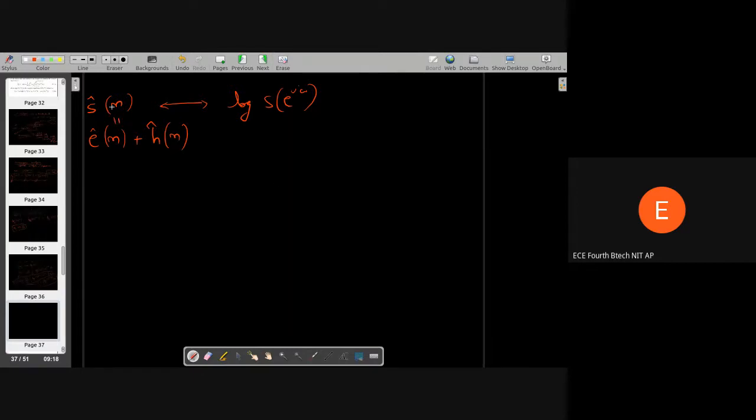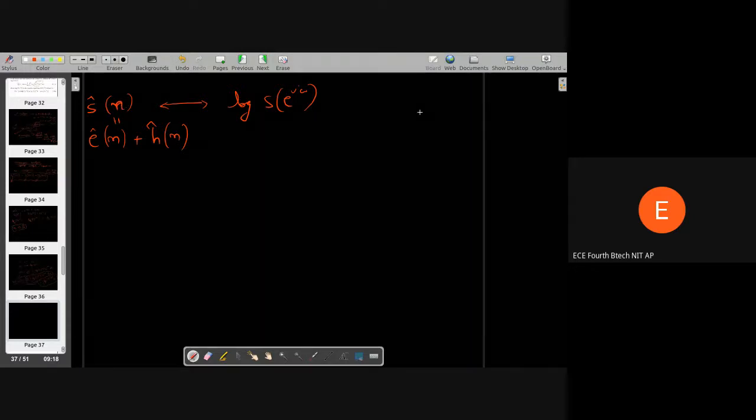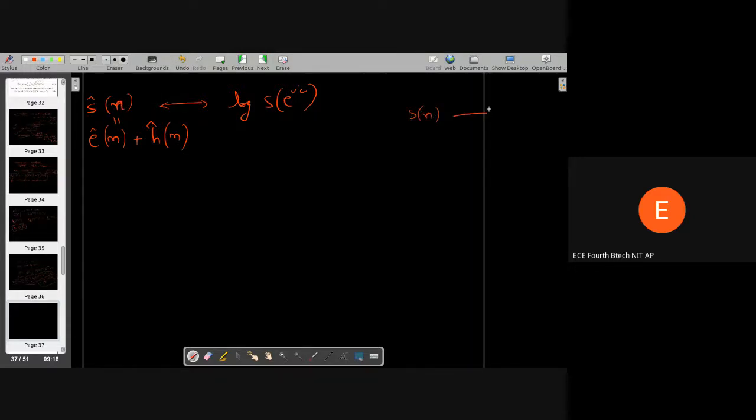Generally, if it was S of n, S e to the power j omega, we called this n the time index. But once we take the log of the spectrum and then do the inverse Fourier transform, we call n the quefrency.